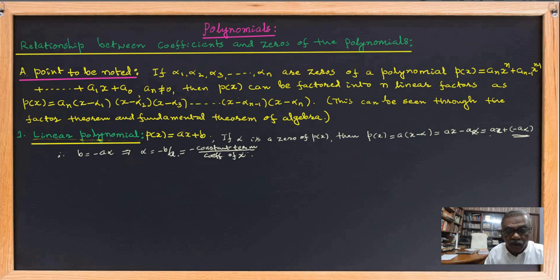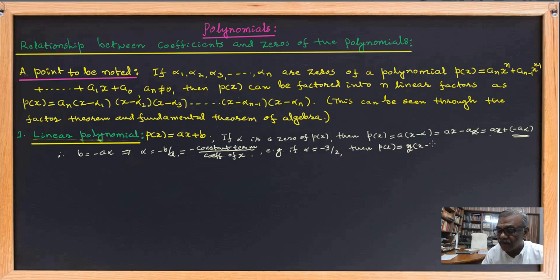With the help of this, if you know the zero of the polynomial, you can find the linear polynomial. For example, if alpha equal to minus 3 by 2, then we can write p(x) is equal to 2 into (x minus alpha).